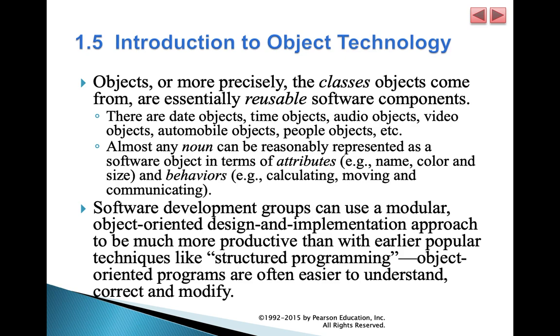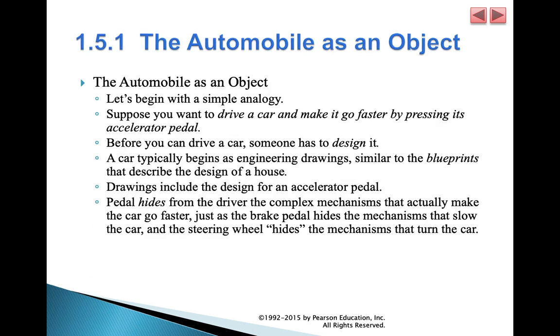Previously, in the previous courses, we used the structured programming technique, but now we want to use object-oriented programming techniques. So why do we use objects? Because it's often easier to understand, easier to correct, and easier to modify. So this is why we use object-oriented programming technology.